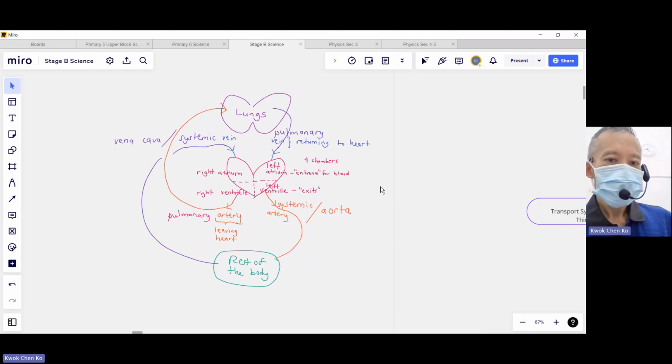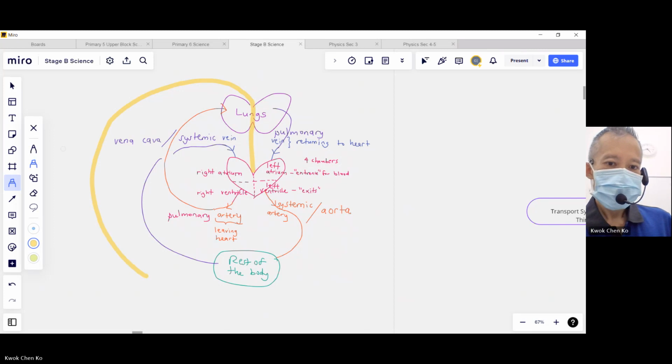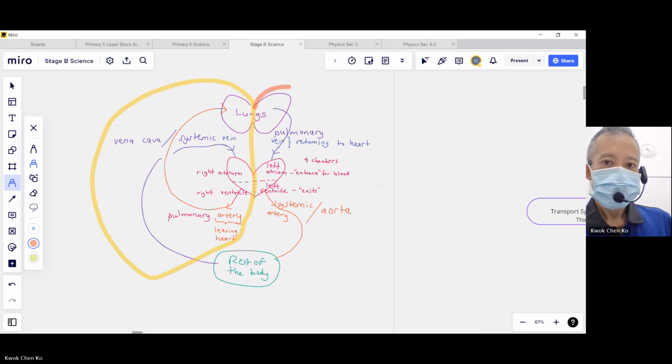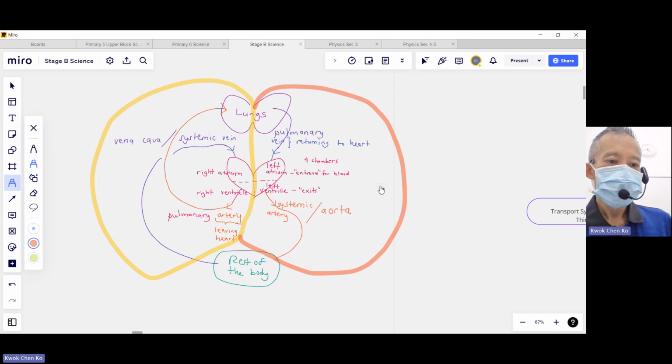However, one other thing, perhaps you notice, you can split it into the right. This is the right. And the left. Okay, and why do I do that?